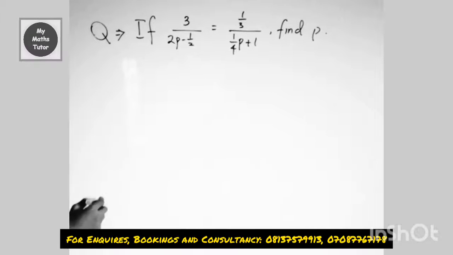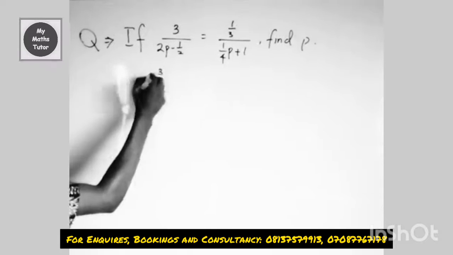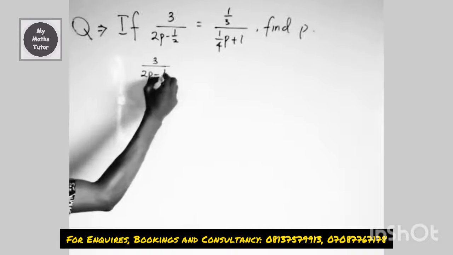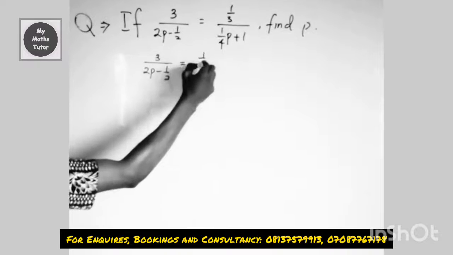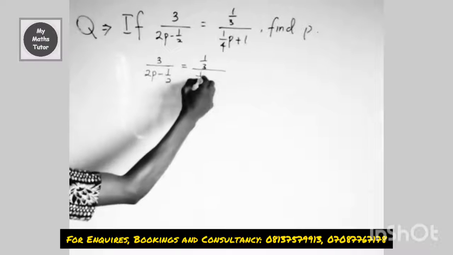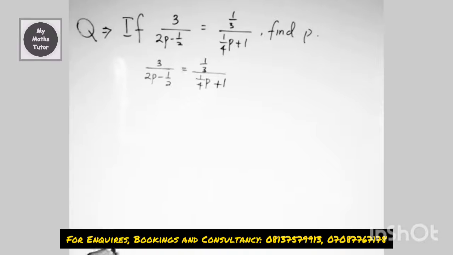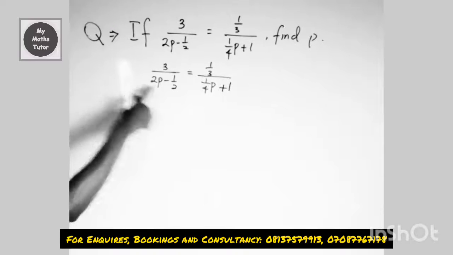We have the question: if 3 over 2p minus half equals 1 over 4p plus 1, then find p.